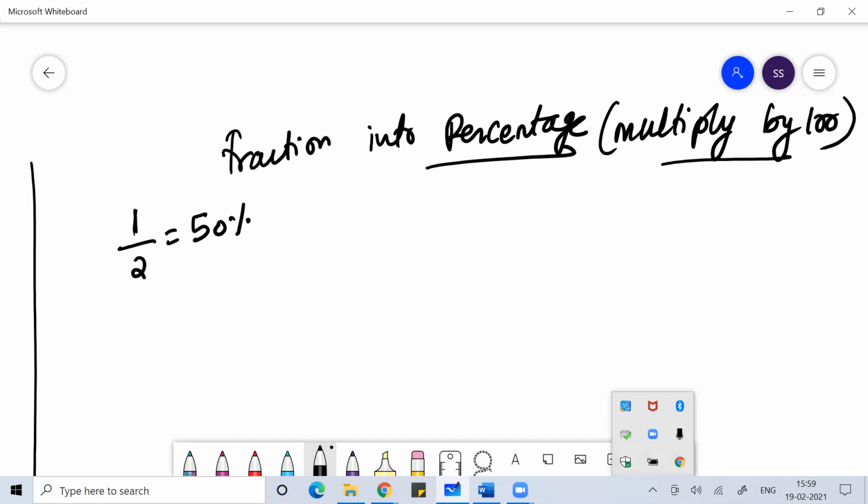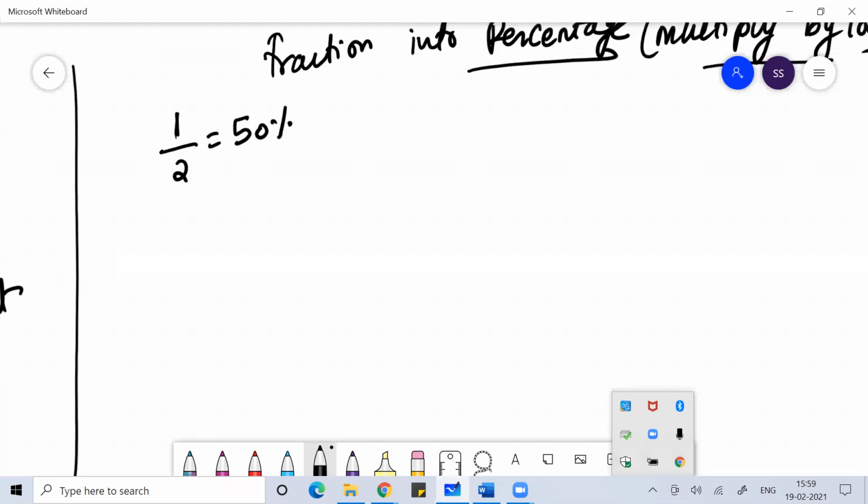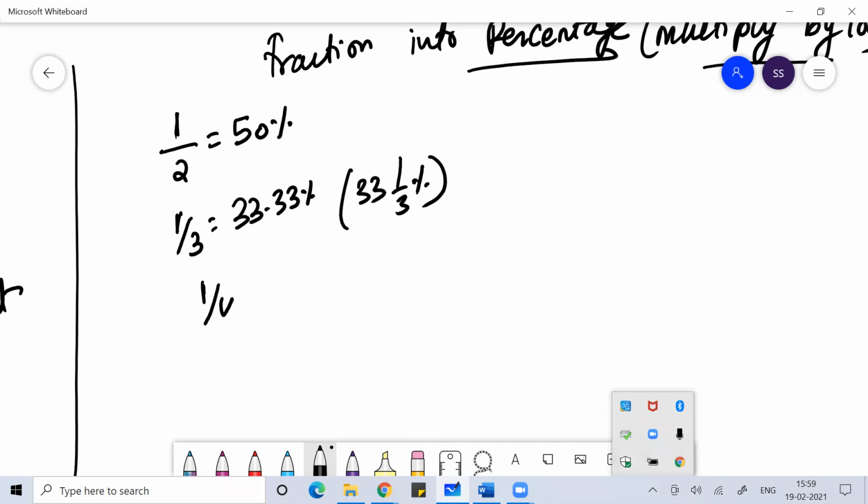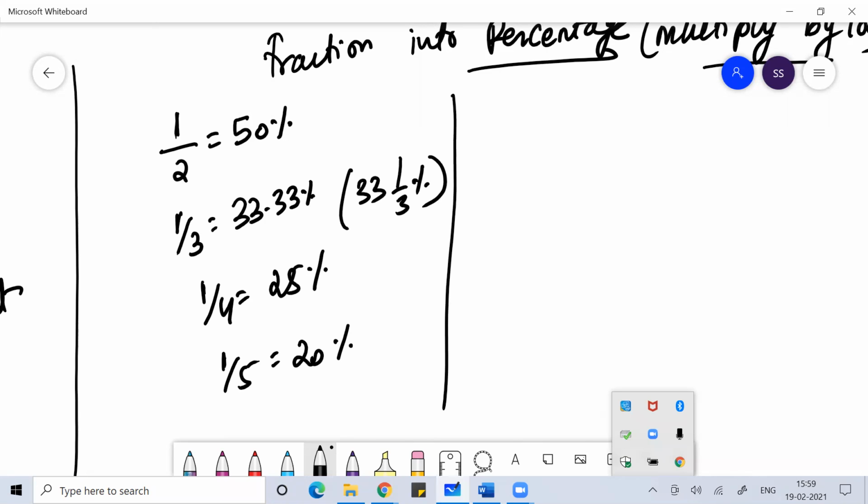So 1 by 2 means 50%. 1 by 3 means 33.33%, which is 33 1 by 3%. 1 by 4 is 25%. 1 by 5 is 20%. Multiply by 100, 100 by 5, 20%.